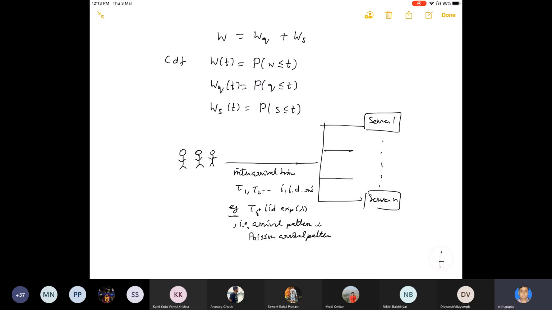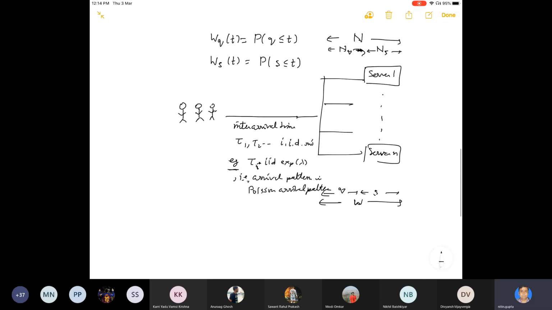So N is the number of customers in the queuing system. NQ is the number of customers in queue, and NS is the number of customers getting service, and W is the time spent by the customer in the queuing system. Q is the time spent in the queue. S is the time getting the service.